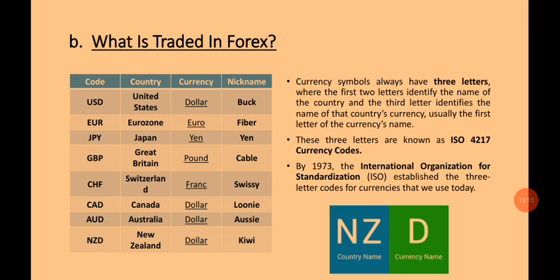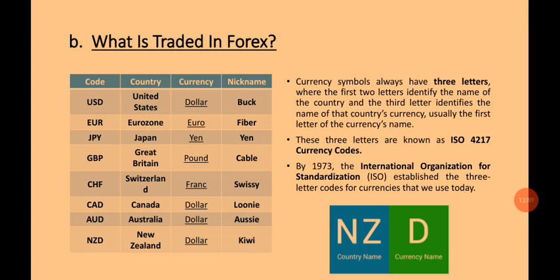Currency symbols always have 3 letters, where the first 2 letters identify the name of the country and the third letter identifies the name of the country's currency, usually the first letter of the currency's name. These 3 letters are known as the ISO 4217 currency codes.